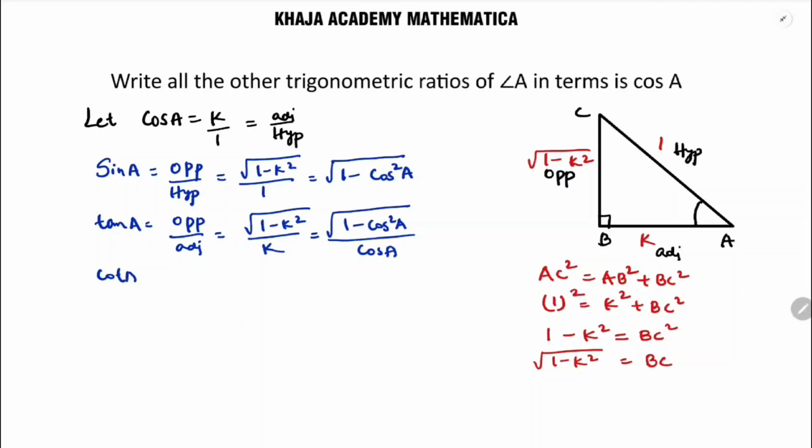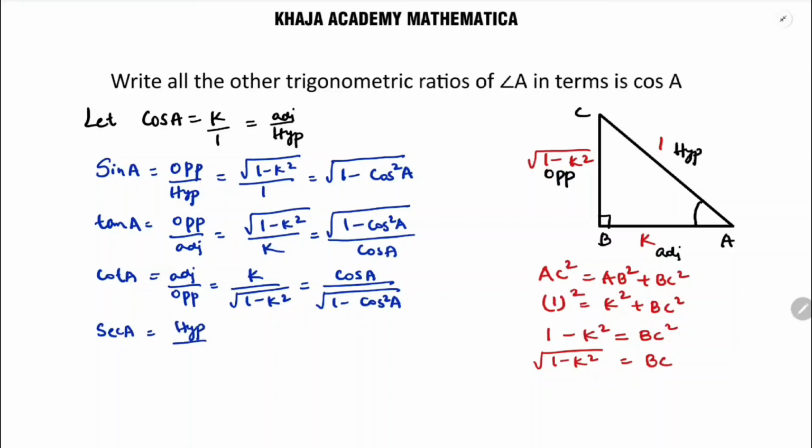Next, cot A is adjacent by opposite. Adjacent is K, by opposite is under root 1 minus K square. So wherever K, there I need to write cos A. So cos A by under root 1 minus cos square A. Then sec A. Sec theta ratio is hypotenuse by adjacent.